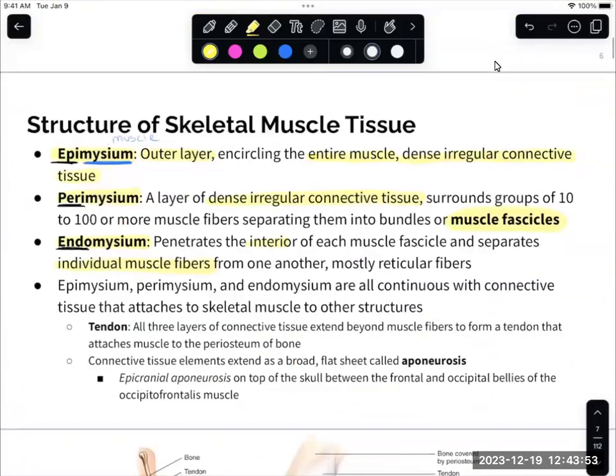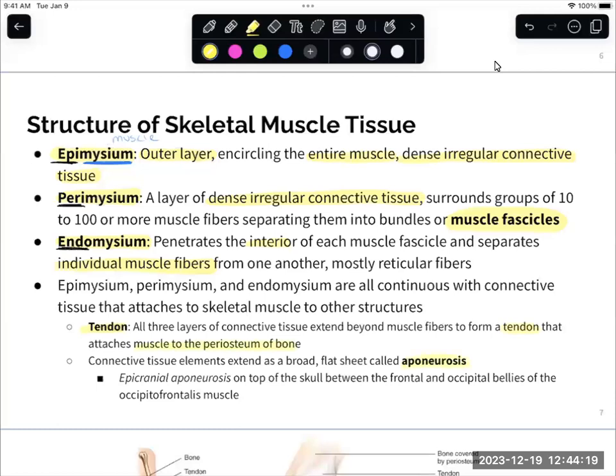Because I wanted to come back up here and mention these connective tissues. All three of these layers, epimysium, perimysium, endomysium, come together at the end of those muscles and they're going to form tendons that are attaching that muscle to the bone. They can also come together and form an aponeurosis.